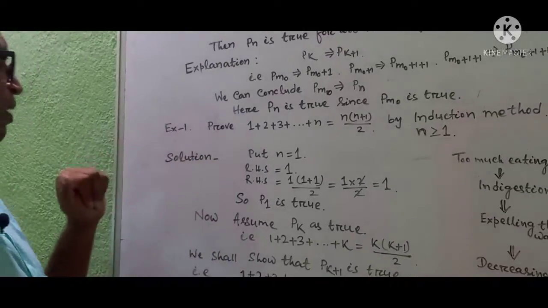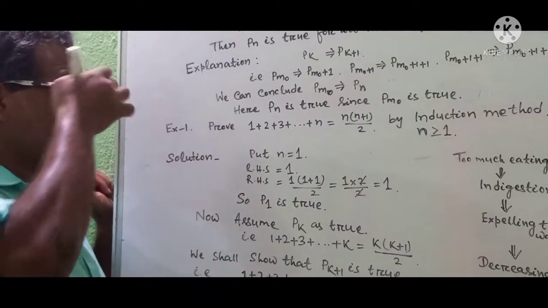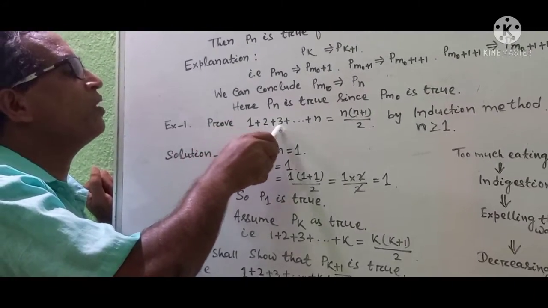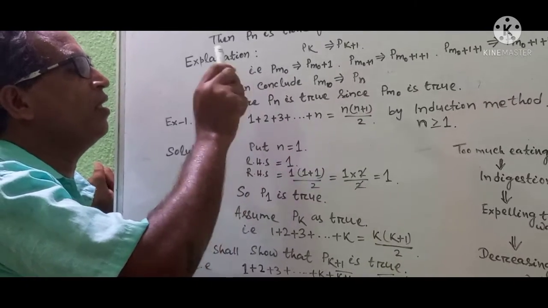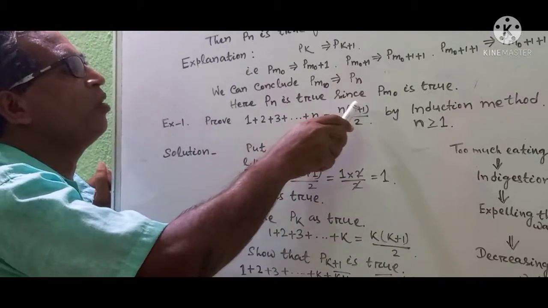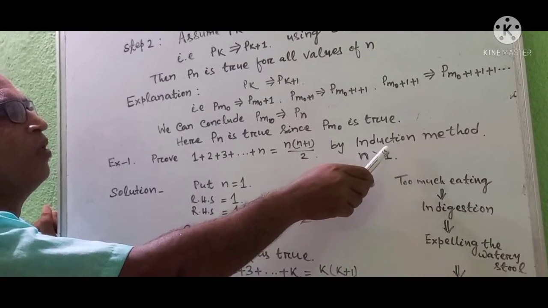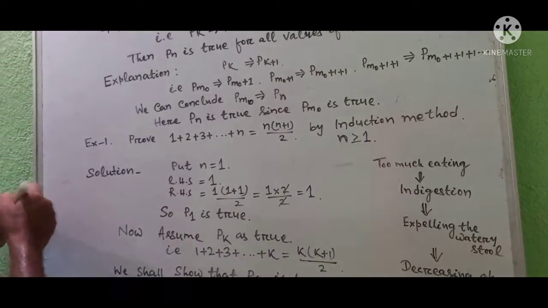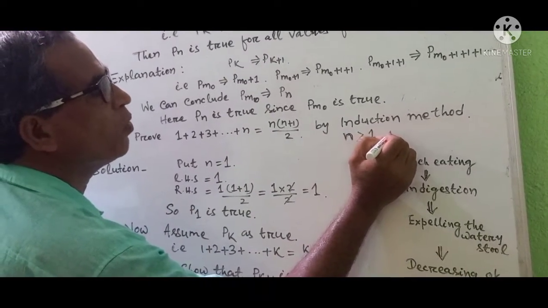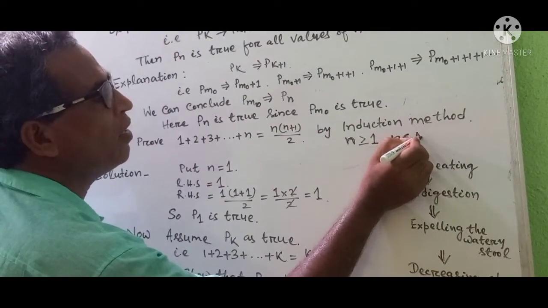So, come to an example. Prove 1+2+3+...+n = n(n+1)/2 by the induction method, where n is greater than or equal to 1 and n belongs to the natural number set.